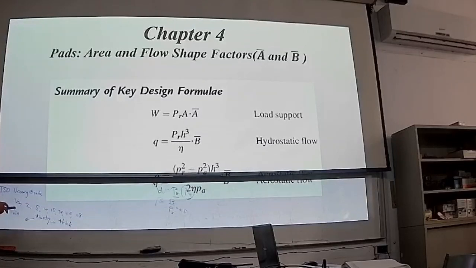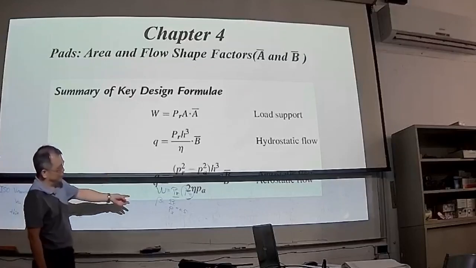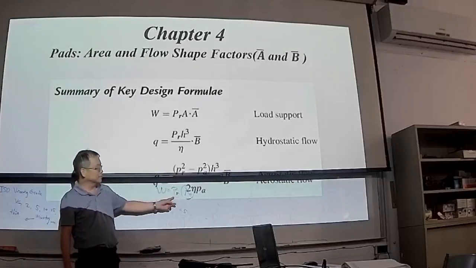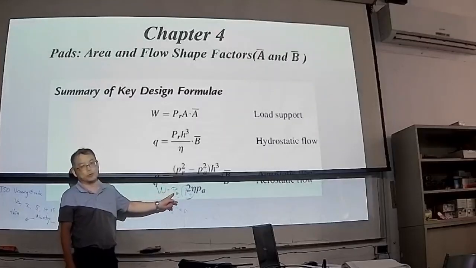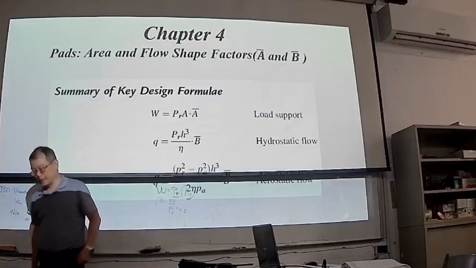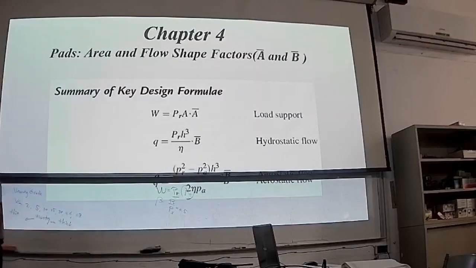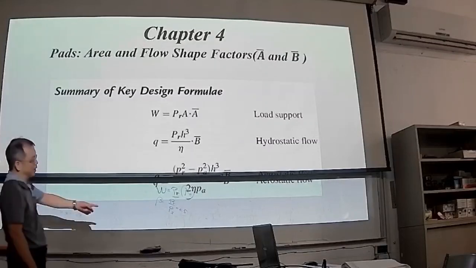And in chapter 3, we told you how to calculate or estimate the recess ratio for different restrictors, such as the orifice restrictor or capillary restrictor. How can you calculate the PR?